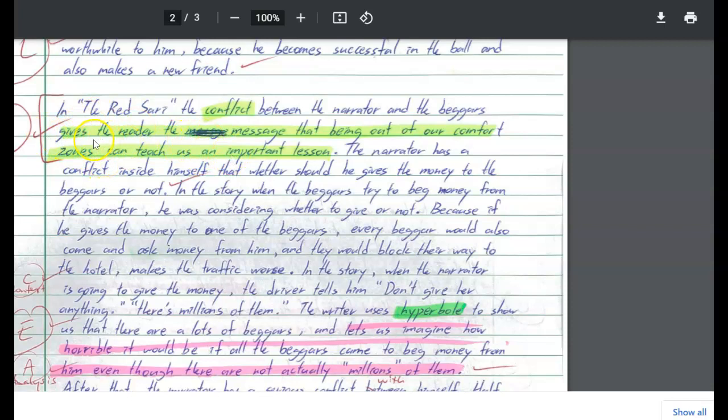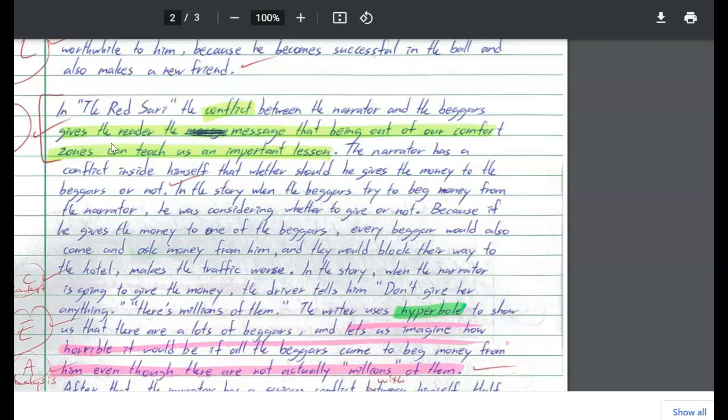It is the same. Because if you remember in the Redarsari, the man in the taxi learns a lesson. He is made to feel uncomfortable by his own feelings. He wants the car to move. He doesn't want to have to give any money, because if he gives money to one beggar, then he will have to give money to lots of beggars. He just wants the car to move so he can leave the problem behind.